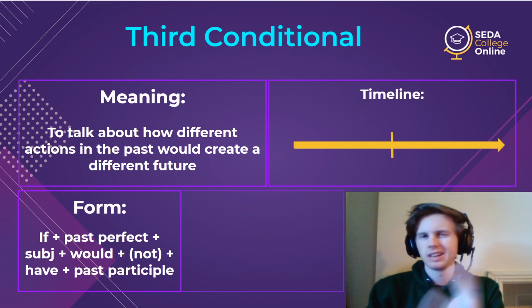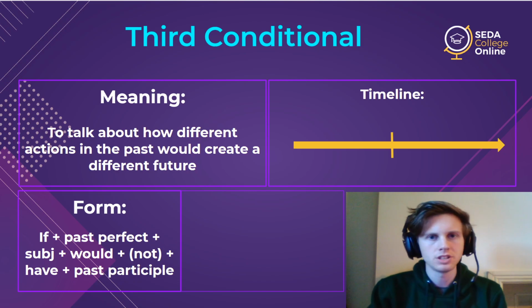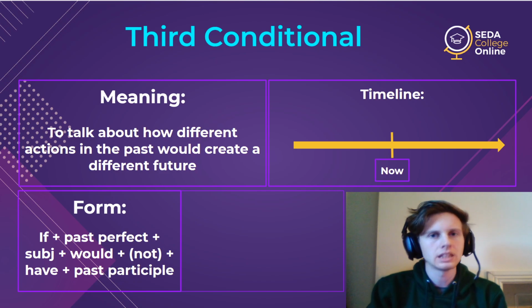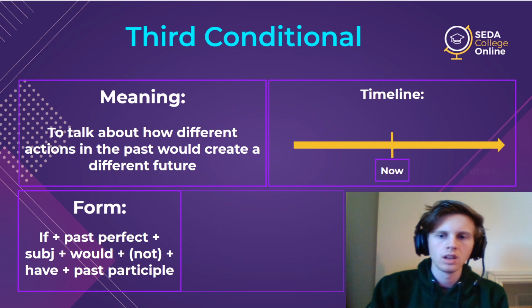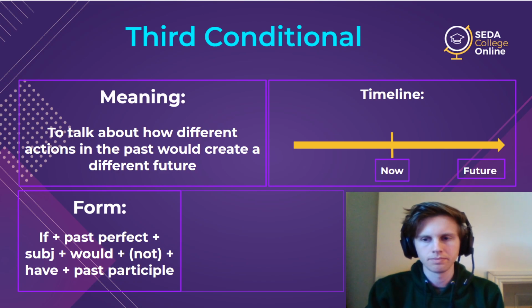So I know it might not be very clear yet. What am I talking about? So imagine this. You're talking now. So we're standing in the present. I am talking now. But I'm thinking about the future, and I'm thinking about the present.